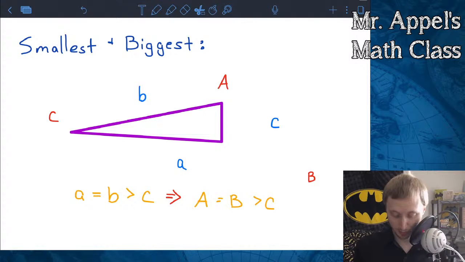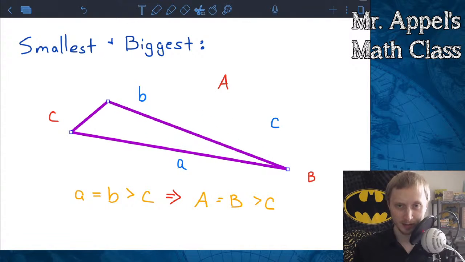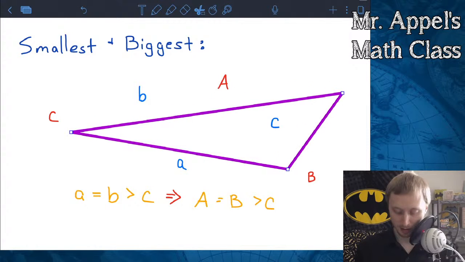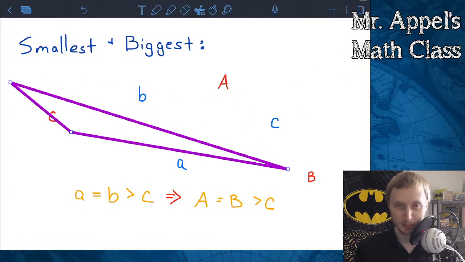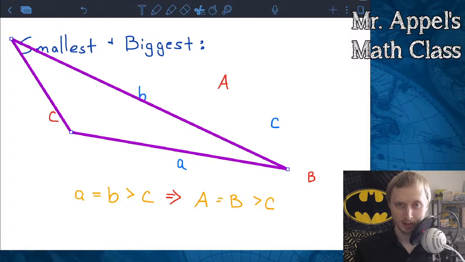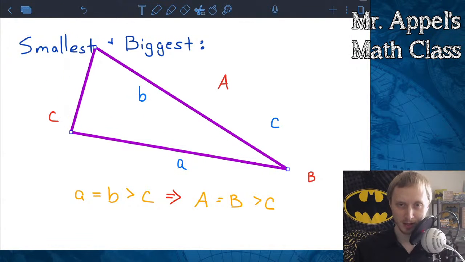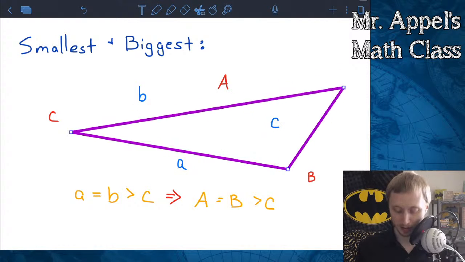And you can sit here and you can play with this, right? And confirm that to yourself. If I make any of these bigger than the other, okay, we can make side B be the biggest. We can make side C be the biggest by going out here. Right? Anywhere I go, if C is the biggest angle, C is the biggest side. A is the biggest angle, then A is the biggest side.